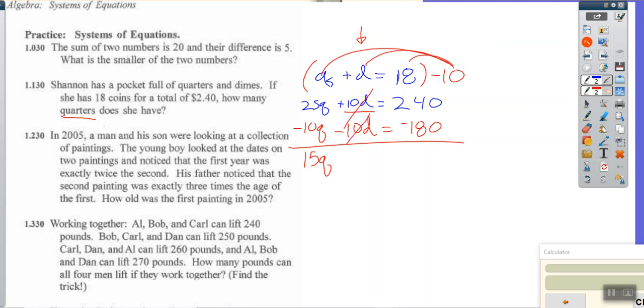I want it to cancel out. And then here we got 60. So divide by 15, divide by 15, and I will get quarters is equal to 4. I have 4 quarters. All right, next problem.